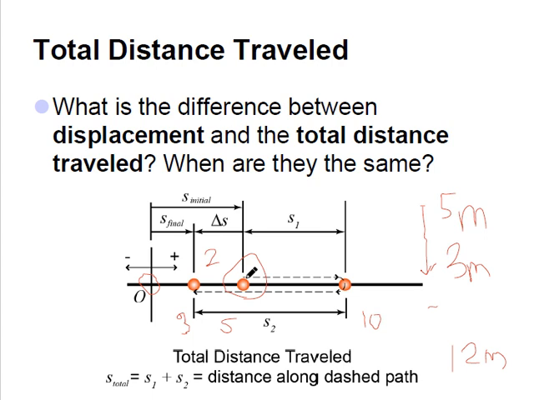But if it changes direction, like in this case, turns and then reverses, the total distance traveled will always be greater than the displacement. Study this and try to get the difference of that.